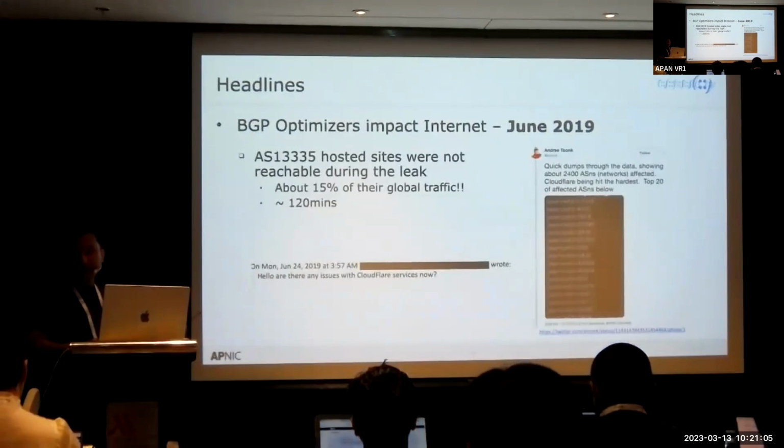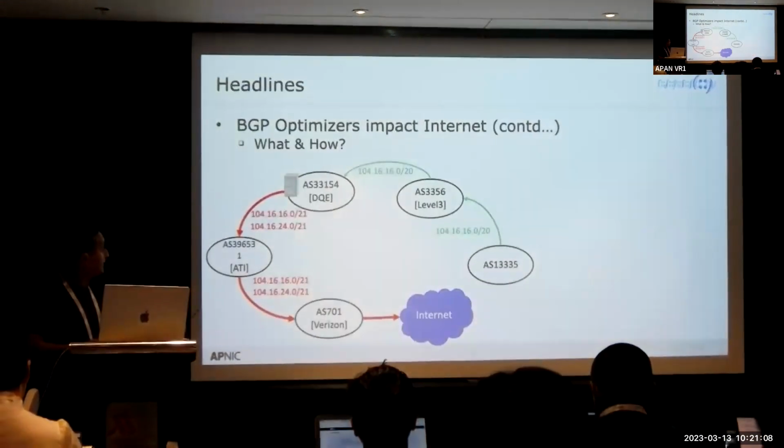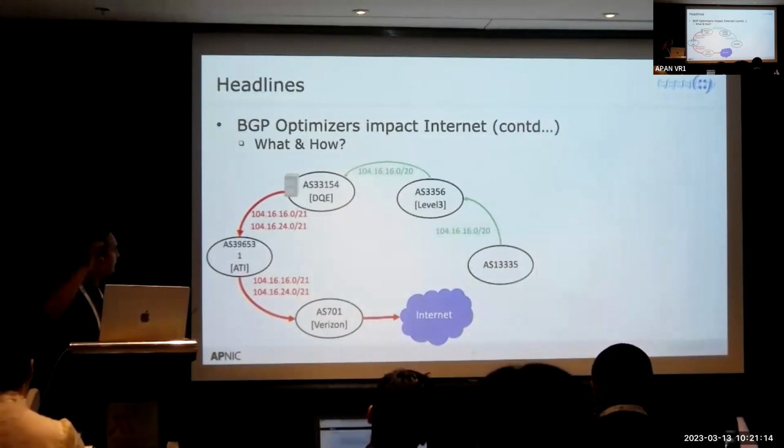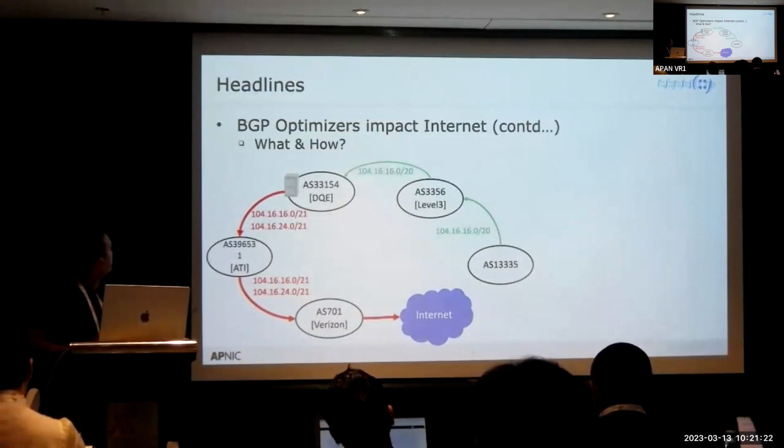routing integrity. So you have a /20, Cloudflare is advertising a /20, and you're propagating over Level 3, AS 3356. And again, there is AS 33154, which is actually the network that's affecting that route. It's basically breaking down the /20 into /21s and inserting its AS number into the path.